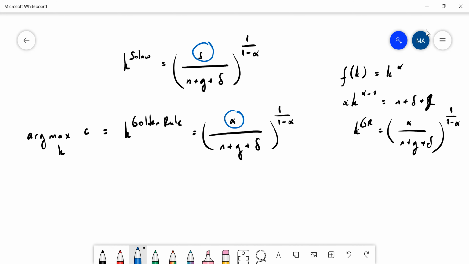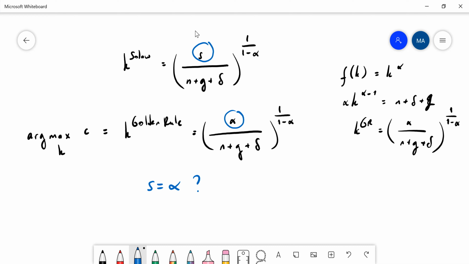So if we really care about consumption of people in the very long run, then K golden rule would be satisfying that optimality constraint, all right? But K Solow is generally different, right? Because there is no guarantee that the society's saving rate is exactly equal to alpha, right? So there's no guarantee that.